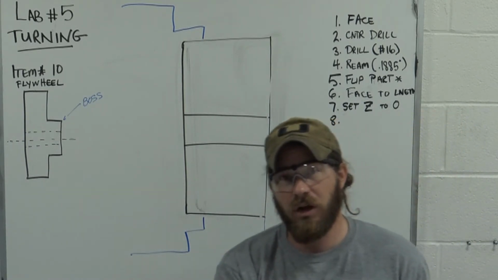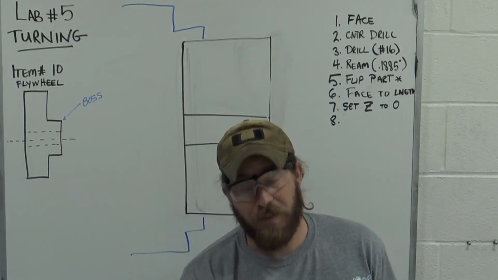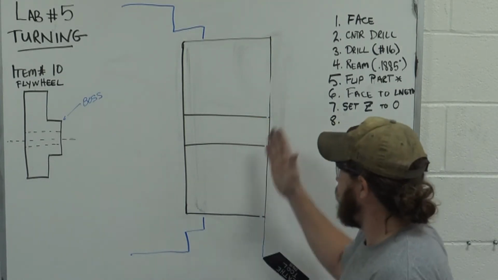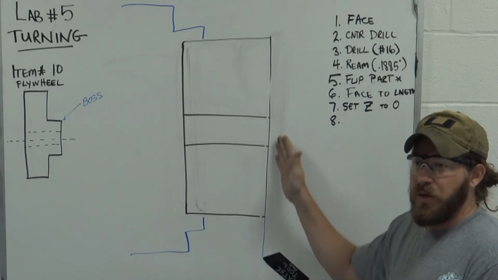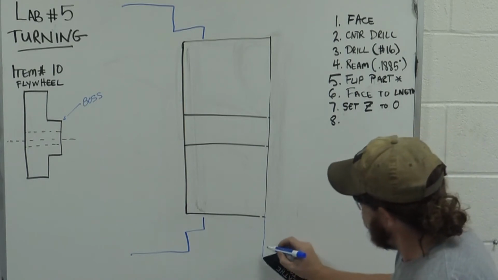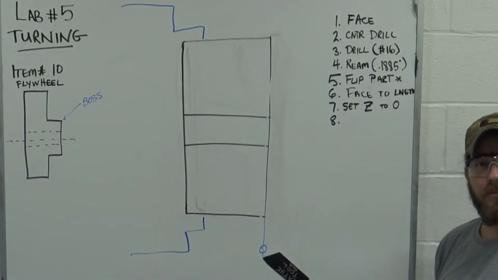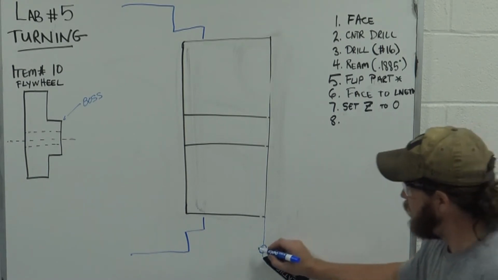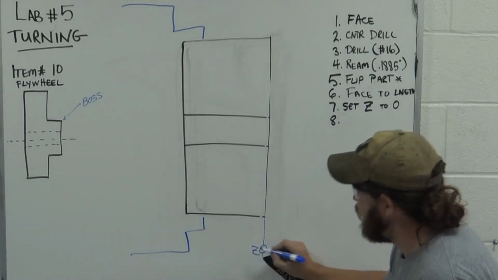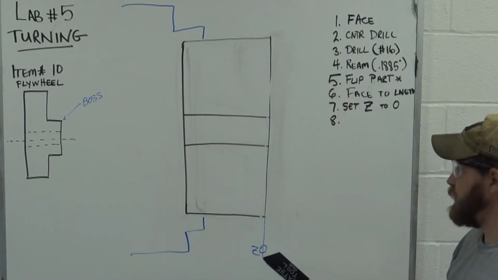If we look at our drawing, all of our dimensions are coming off of this face, right? So we have to make that datum, right? So we've set that to 0. All right? Z0. That's the front of the face.